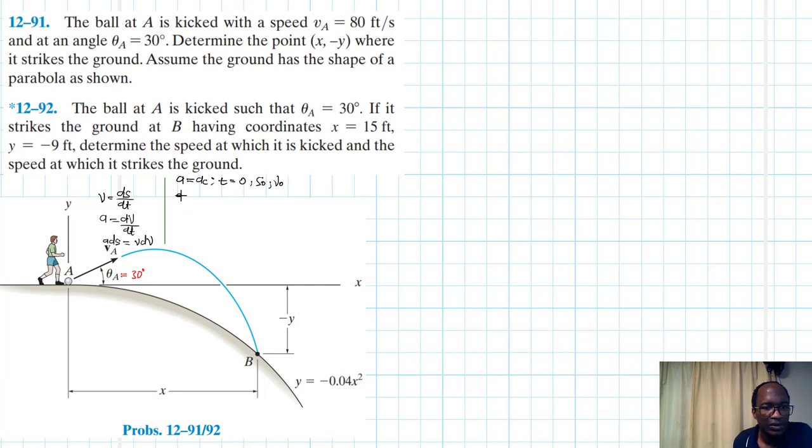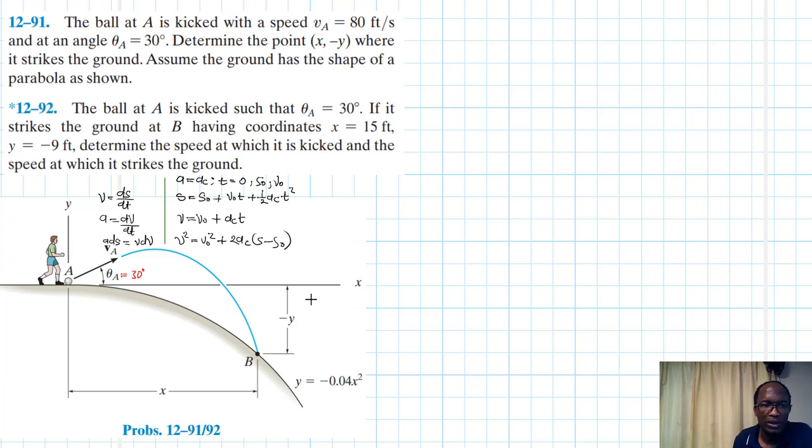The results are S equal to S naught plus V naught t plus half AC t squared. Then we have V final equal to V naught plus ACt. Then we have V squared equal to V naught squared plus 2AC times (S minus S naught).